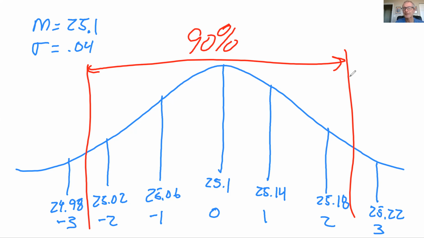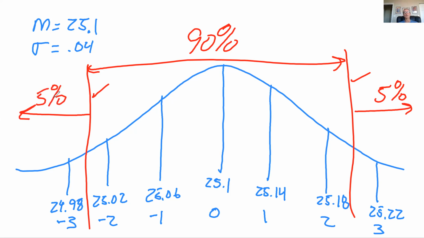So you want to find the upper point and you want to find the lower point. So remember symmetry, right? So what's left if you subtract 100%? 10% is left. So in symmetry, you have 5 above this and 5 below this, right?